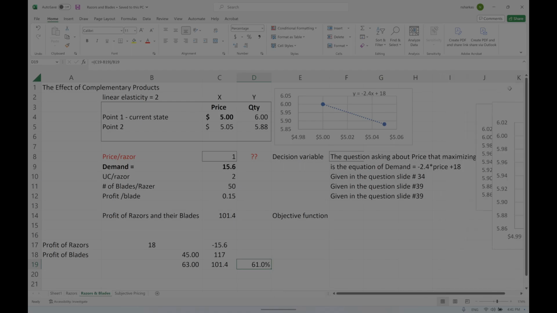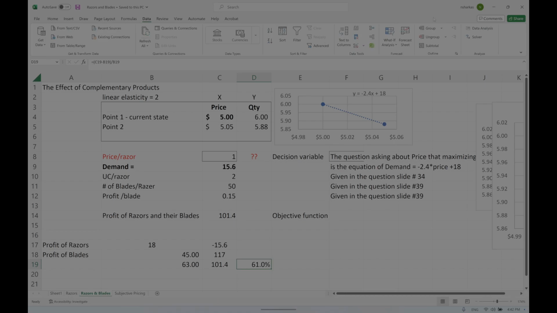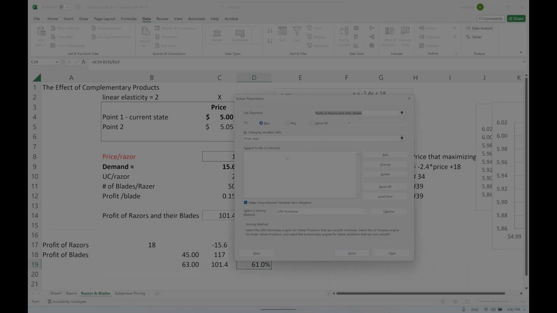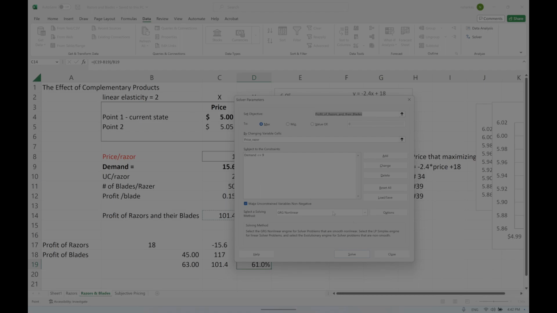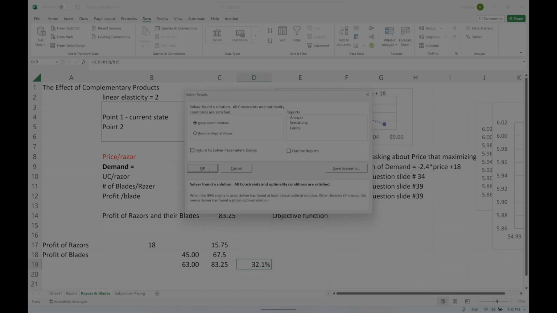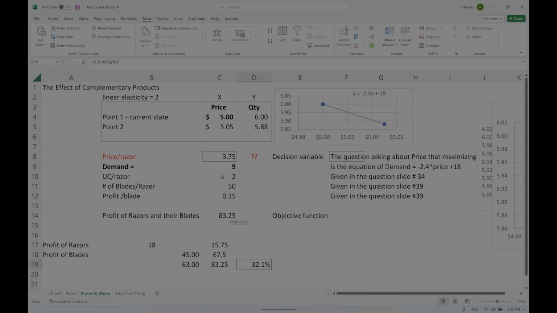So probably a very good discussion would be, why don't we see what's going to happen if we add a constraint that this demand is less than or equal to a certain number that is more reasonable and aligned with our capabilities as a company, let's say up to 9. You could add that constraint and solve it, and you will find a completely different situation here.